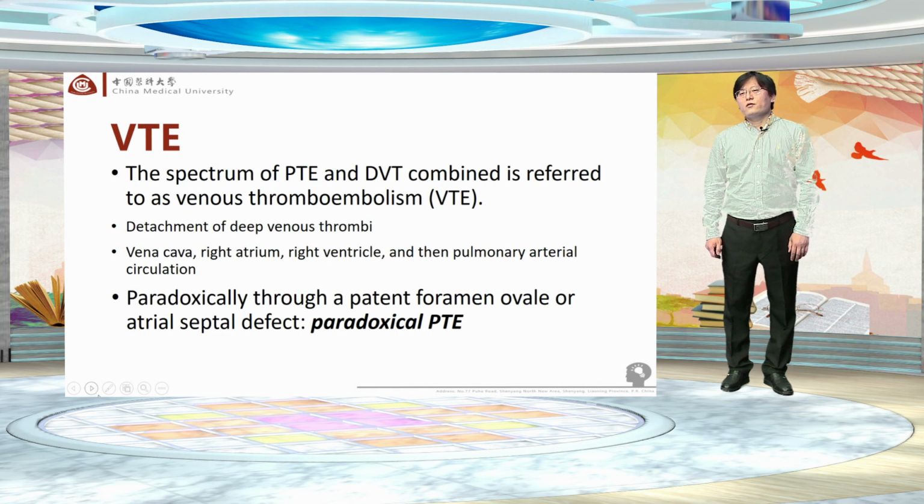Here, the thrombus forms in the left atrium, and if part of the thrombus breaks off, it can go through a patent foramen ovale or atrial septal defect into the right atrium, then into pulmonary circulation and block the pulmonary artery or its branches and cause pulmonary thromboembolism.